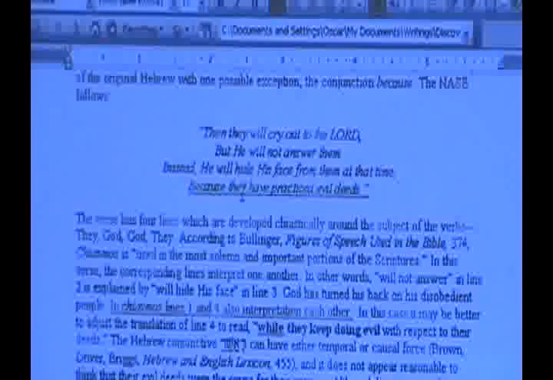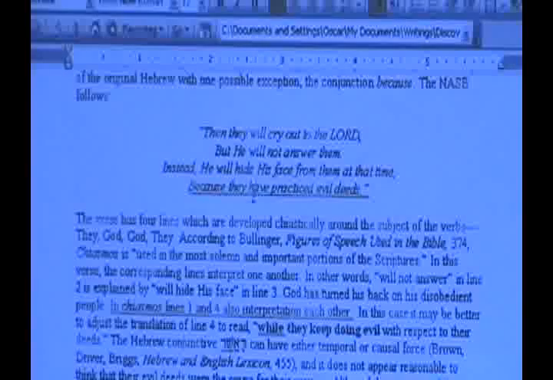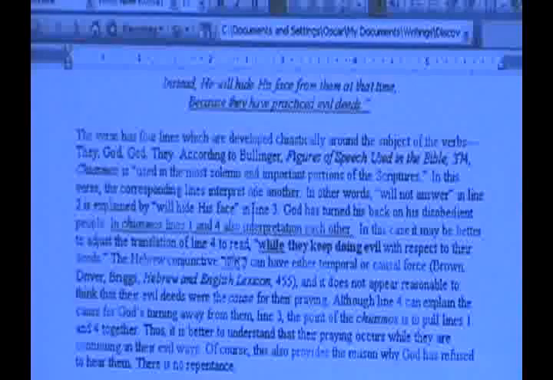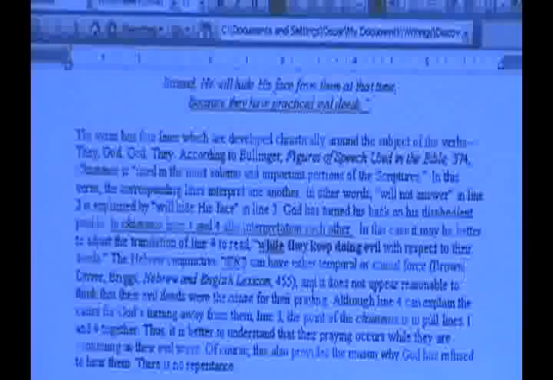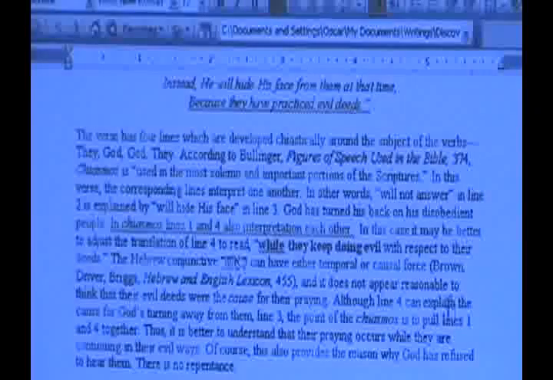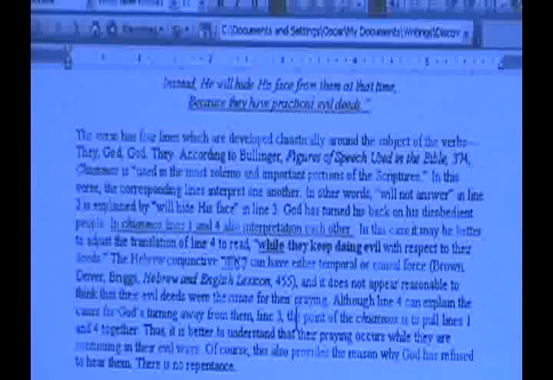So I'm aware that part of the problem is in the past tense. Well, my issue that I raised: is it necessary that it's past tense? You see? And it's not. Okay. So the Hebrew ki can either be temporal or causal, we were talking about that. It does not appear reasonable to think that the evil deeds were the cause for their praying.